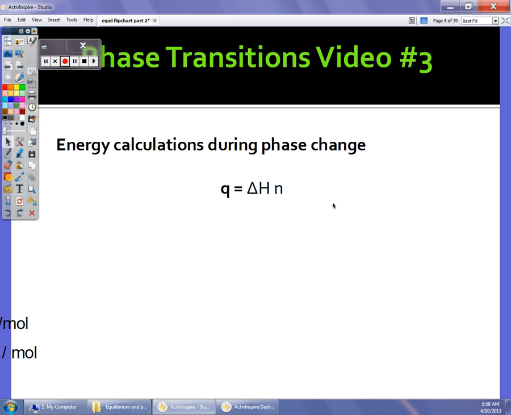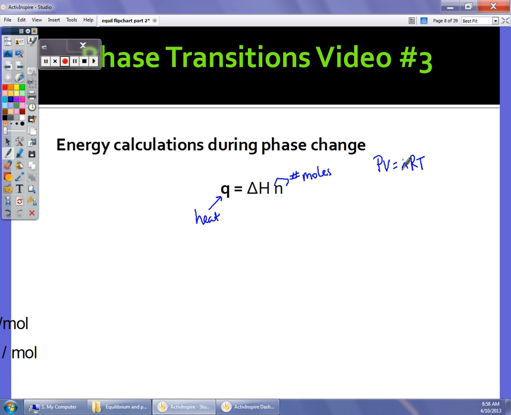The other formula you should know is the one for a phase change. This formula is Q equals delta H times N. Once again, Q is going to be the heat. N is the number of moles. This is similar to back during the gases time when we had PV equals nRT.